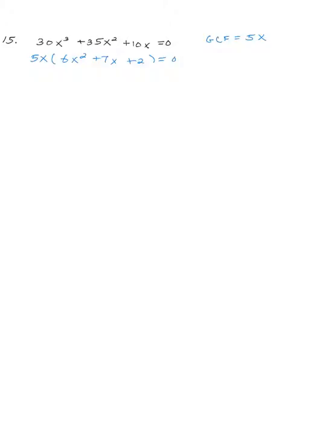Now the factors here, I'm going to go through our process of multiplying the 6 and the 2, which gives me 12, and factors of 12 that add to 7, it's just 3 and 4. So I'm going to break this apart separately and say, let's look at just factoring the 6x squared plus 7x plus 2. I'll write the 7x as 3x and 4x.